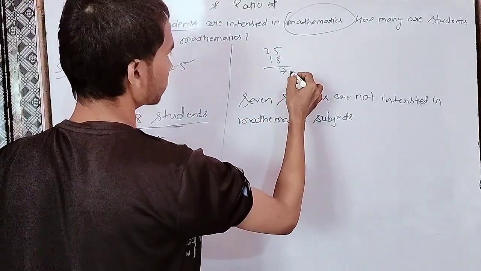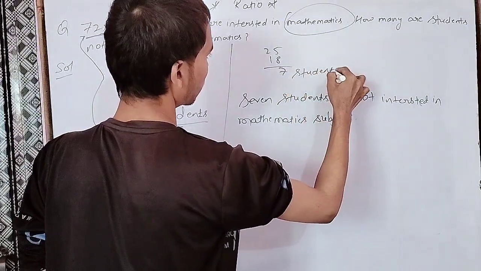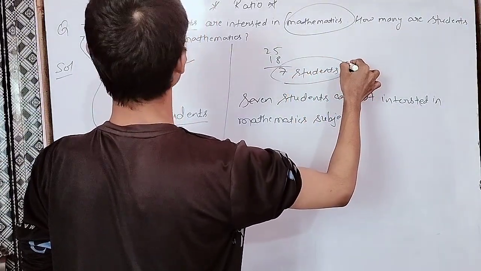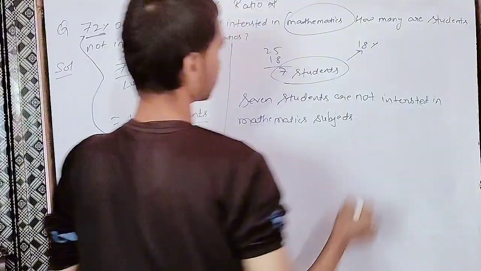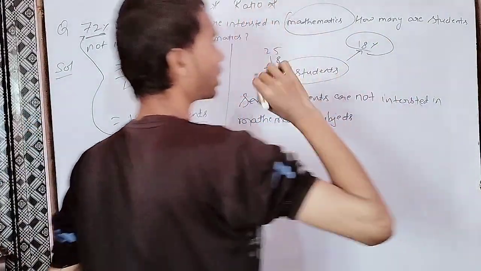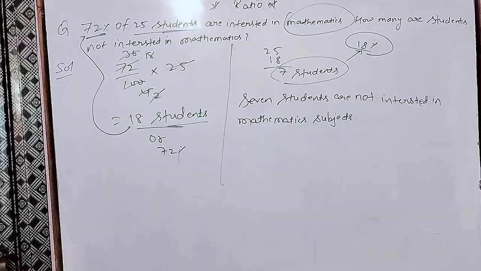Yes, 28% of students are not interested in mathematics, but how many students are not interested? 7 students. Next.